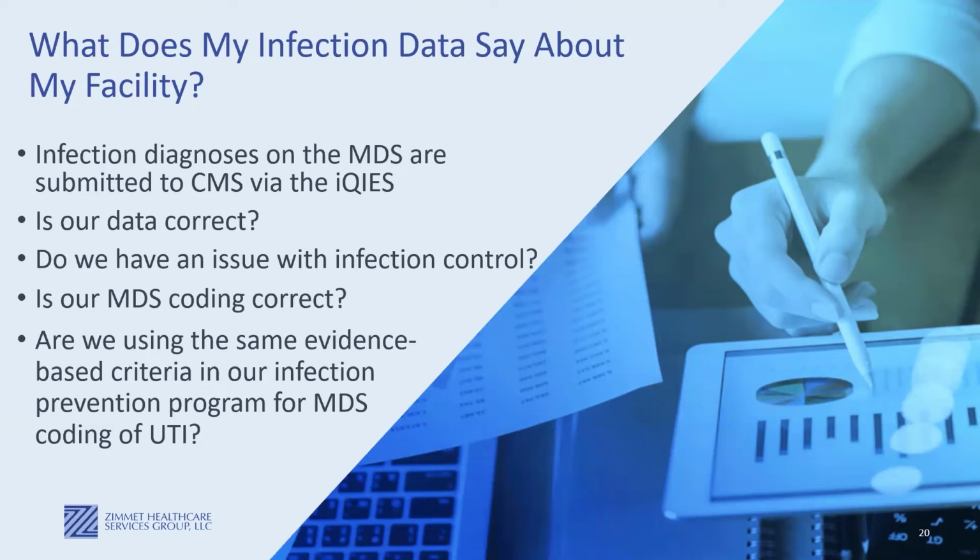If we're coding it on the MDS and it's resolved, we'd have to be monitoring it to make it an active diagnosis. So if we're not monitoring it because it resolved a week ago and we don't have active documentation that we're monitoring it, should it even be on the MDS if it's resolved? Did it meet the criteria, especially for UTIs?